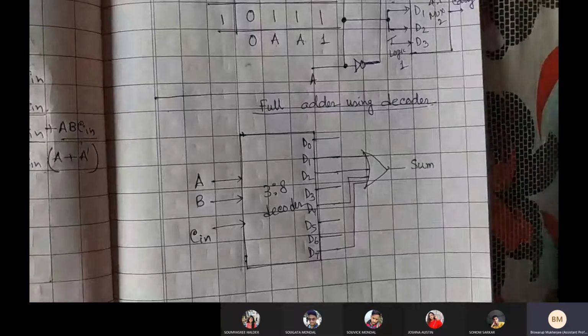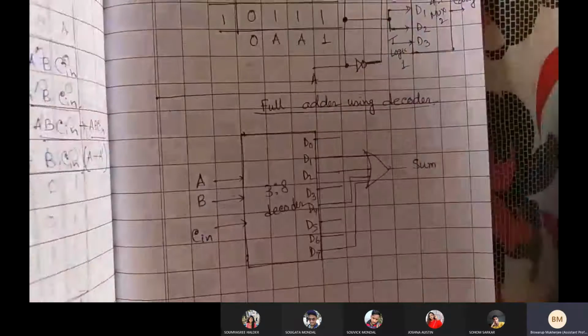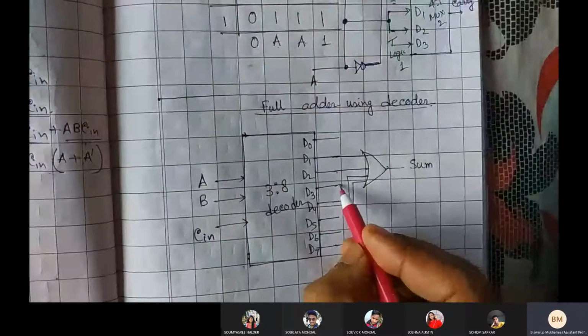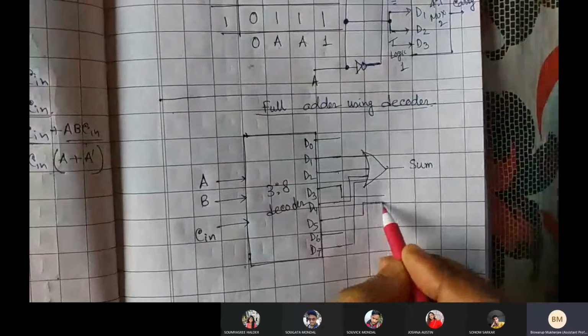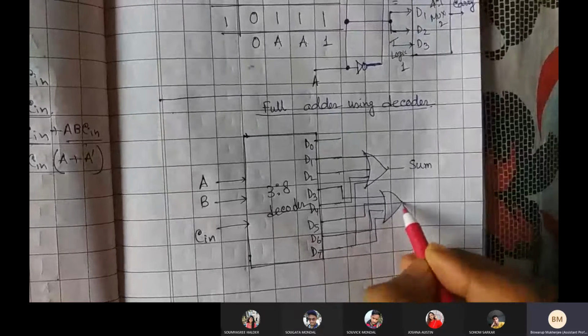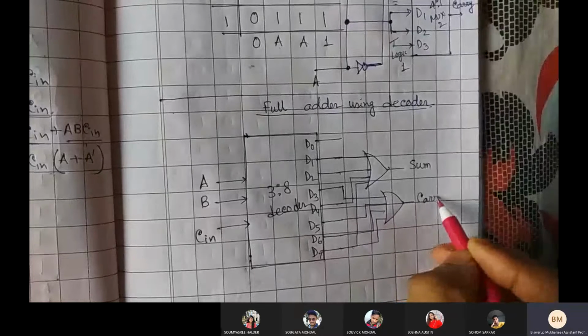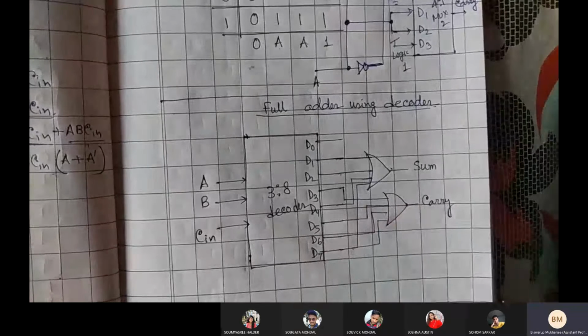What about carry? That is D3, D5, D6, D7, right? I'll start with D3, followed by D5, D6, D7. Another OR gate to generate carry. Okay.